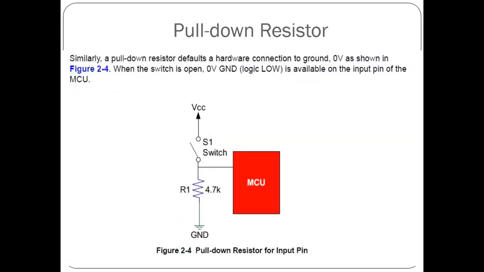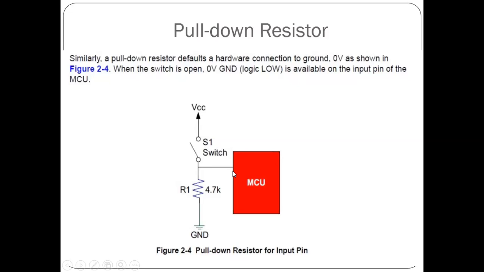Now coming to the pull down concept. In the pull down concept, when you observe here, R1 is going to be the pull down. Without R1, if you observe, when the switch is closed, maybe VCC is applied, nothing but logic 1 is applied. When the switch is open, we can't imagine which input will be given to the MCU.